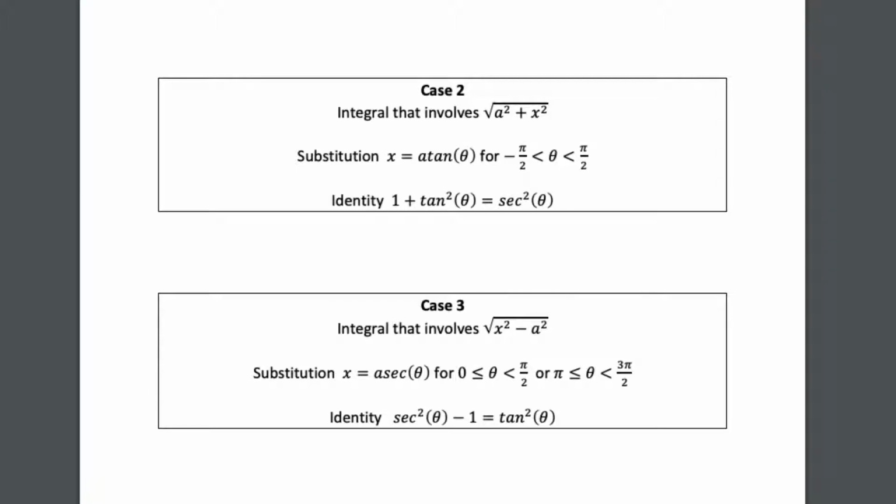And again, this is going to be for 0 less than or equal to theta, which is less than pi over 2, or pi less than or equal to theta less than 3 pi over 2. So it looks like essentially quadrant 1 and quadrant 3.